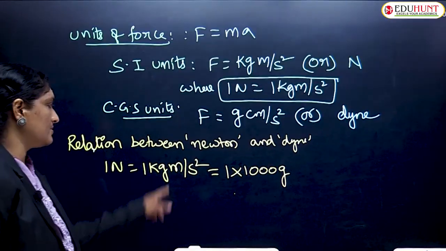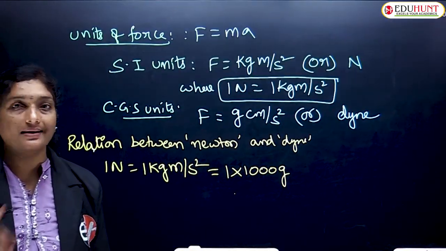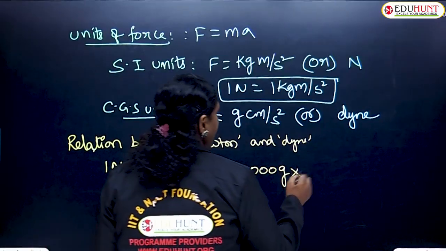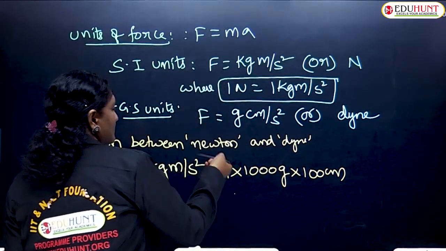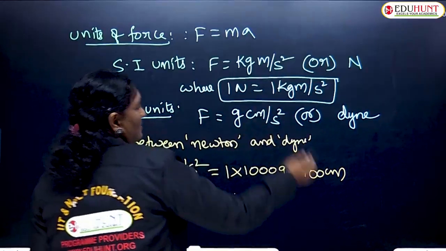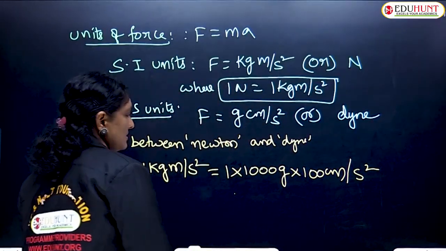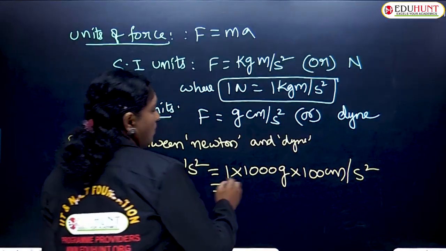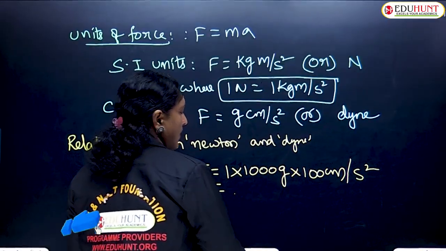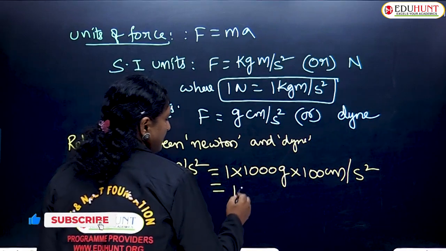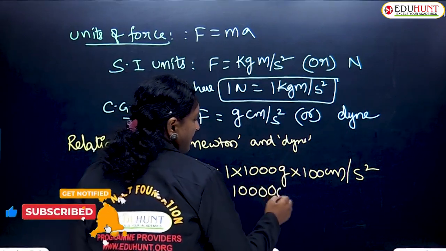Meter: 1 meter is how many centimeters? 100 centimeters. Second square: the SI system has second square and the CGS system also has second square, so there is no need to convert it. So this is how much, children? 1 into 1000 is 1000, 1000 into 100 is how much? 1 lakh. Let me represent the same in zeros: 1, 2, 3 and these are 2, totally 5 zeros.